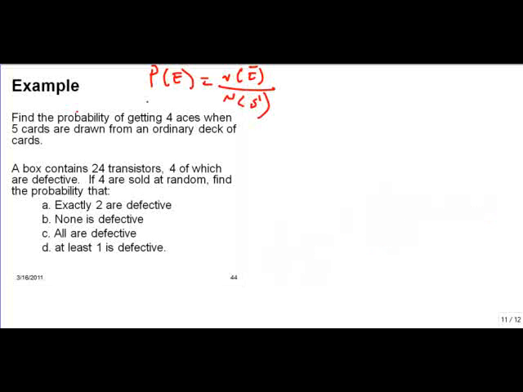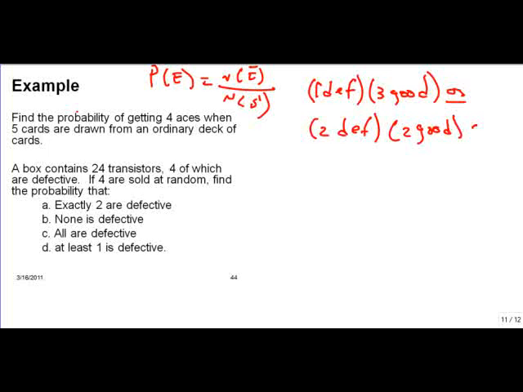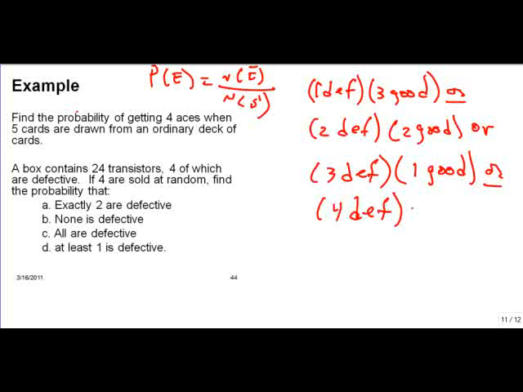Well, that means 1 defective and 3 good, or 2 defective, 2 good, or 3 defective, 1 good, or 4 defective, 0 good.